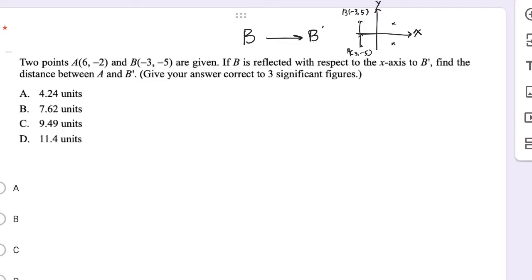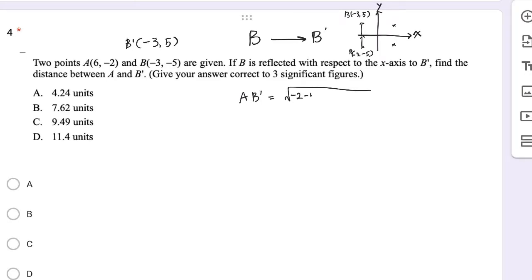That is why if you are going to find out AB prime, you're going to consider B prime like this one. Then you will have negative 2 minus 5 squared plus 6 minus negative 3, that means this one. So you will have 7 squared plus 9 squared, which will give you 11.4 units.